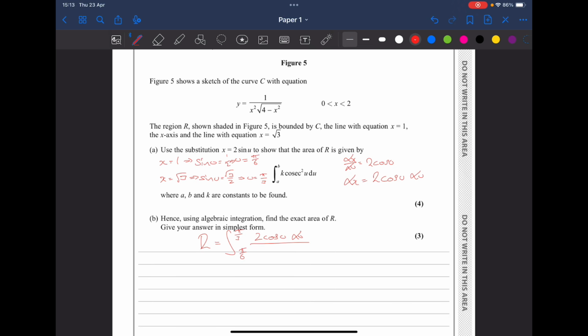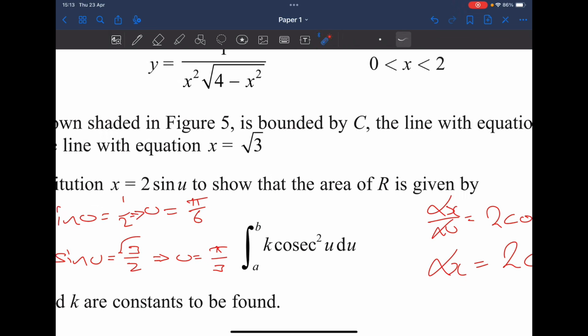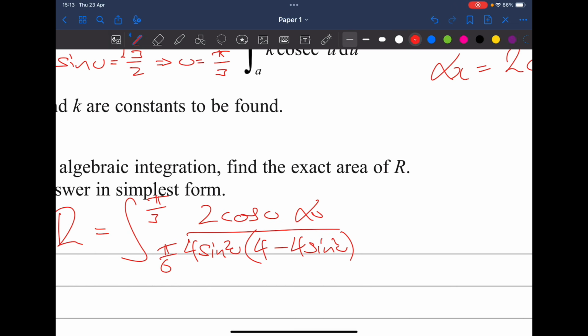And on the bottom then, x squared will be 4 sine squared u, and then 4 minus 4 sine squared u. Was that squared, that thing at the bottom? No, it was square rooted though, so we'll write it as a half. Inside this bracket, it's like they've done this for a reason. This is something that's quite common. This is 4 cos squared u. So when we square root it, it's just 2 cos u.